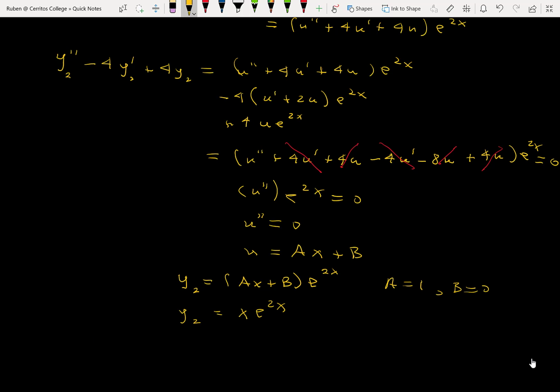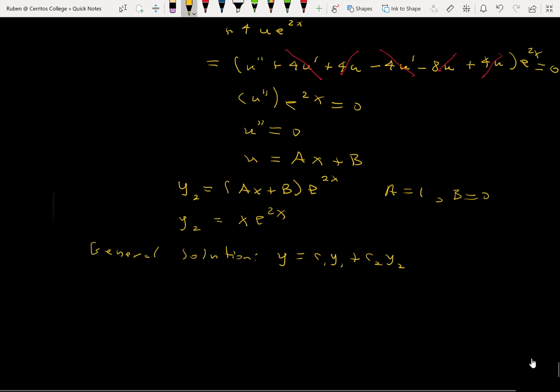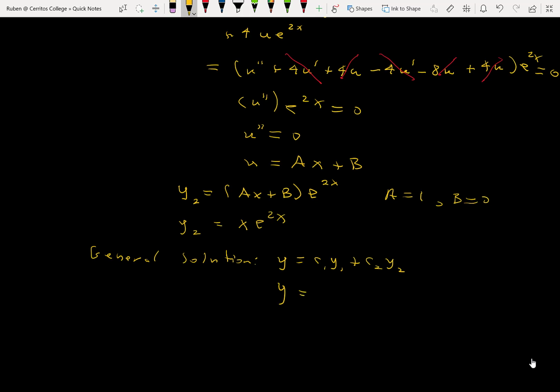The general solution then is y equals c1 y1 plus c2 y2, or y equals c1 e to the 2x plus c2 x e to the 2x.